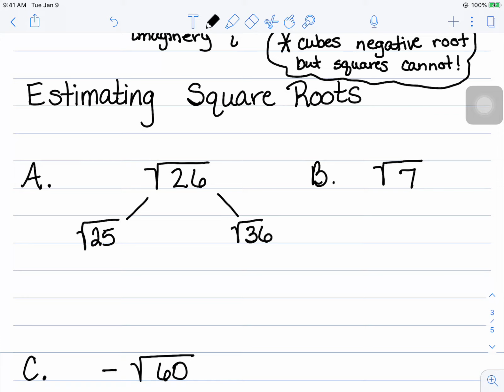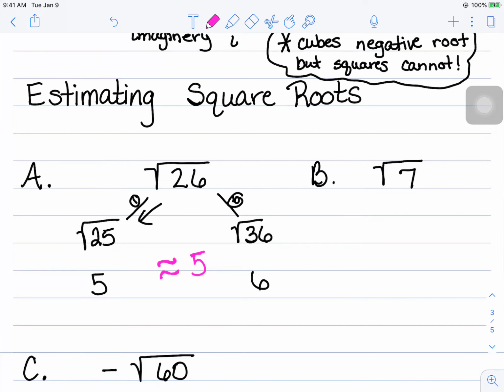And I know that the square root of 25 is 5, and the square root of 36 is 6. So I'm only 1 away this way. I'm 10 away this way. So I'm actually closer to this side than I am to 6. So this would be approximately 5. We use approximately. It looks like a little curved equal sign that tells us approximately 5.